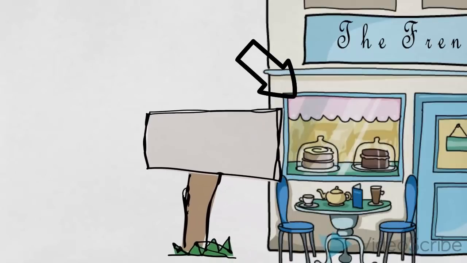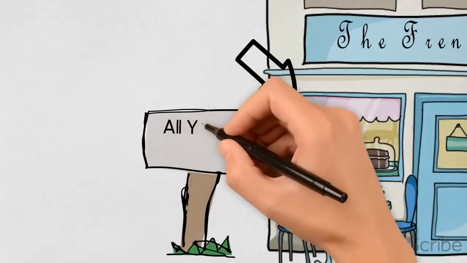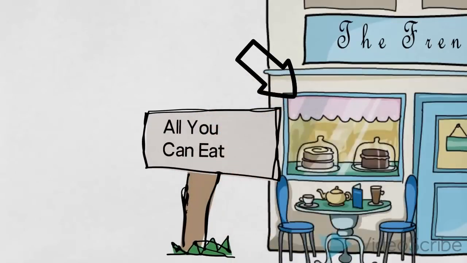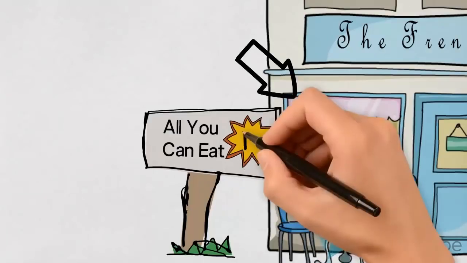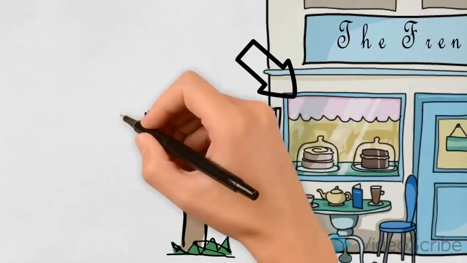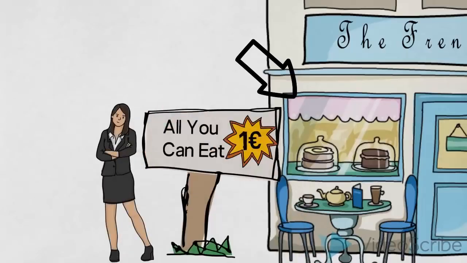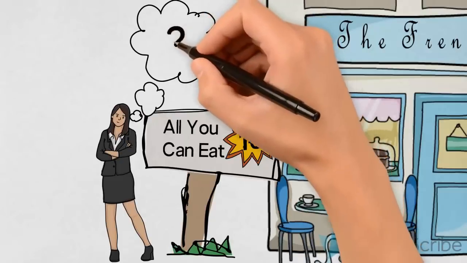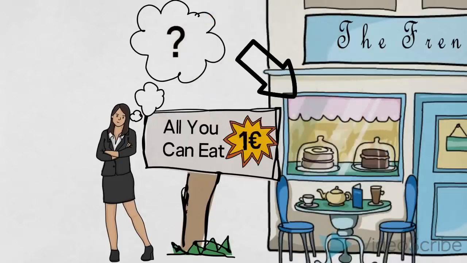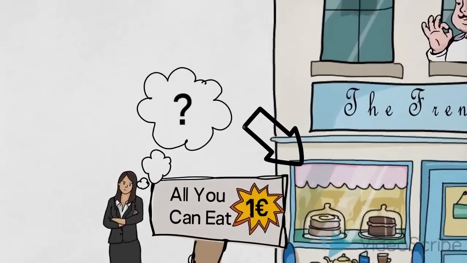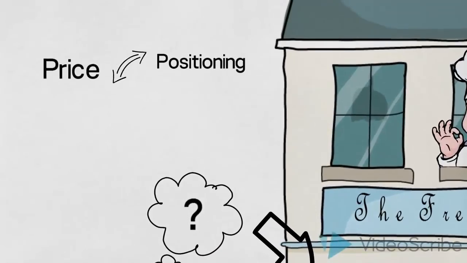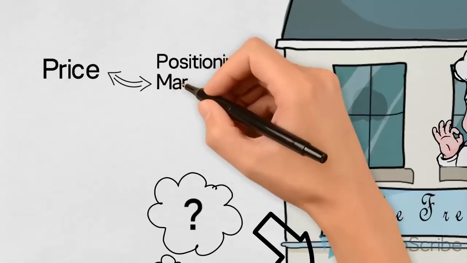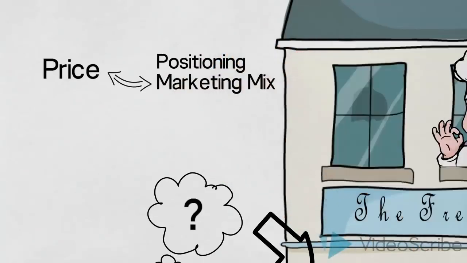Therefore, it would send a wrong signal if we were to charge very low prices, like offering an all-you-can-eat buffet for €1. So charging a price that doesn't correspond with the way we have positioned the cafe would leave our customers confused. Drawing a link back to the other elements of the marketing mix, we can say that we need to make sure that our price is in line with all other elements of the marketing mix.